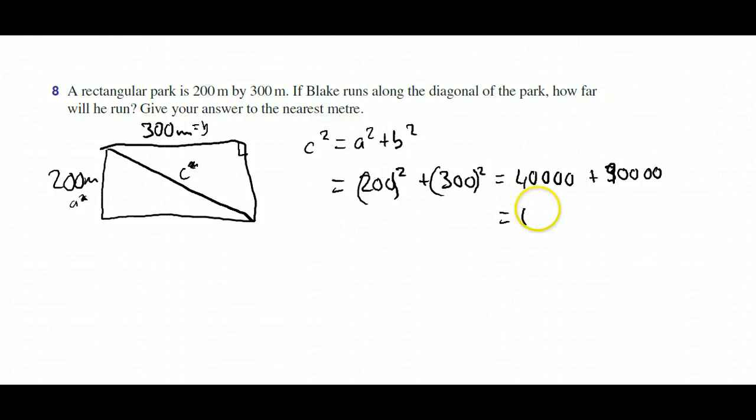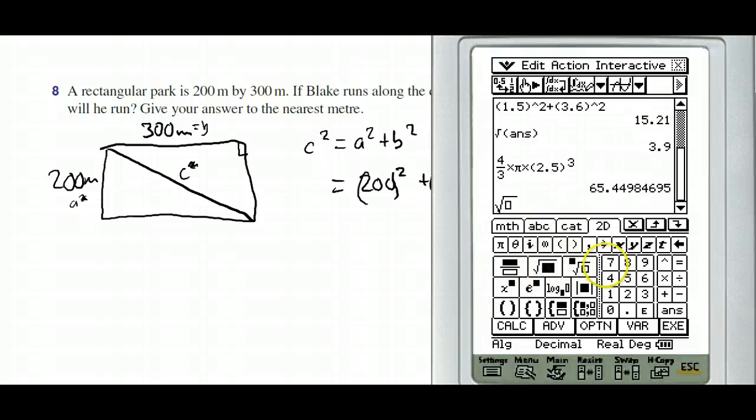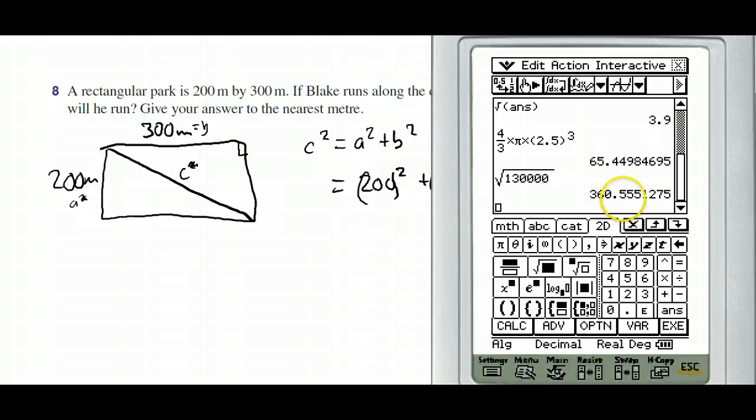When we add those together, we get 130,000, and then that's equal to c squared, so we're going to take the square root of both sides, and we get 360.545, but we need to give our answer to the nearest metre, so we can ignore the decimal places, just round to 361.